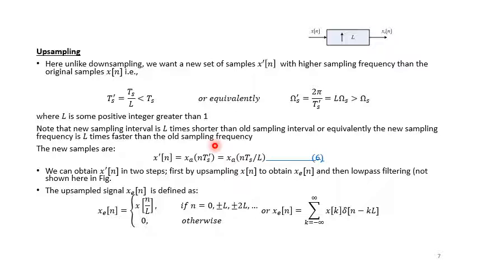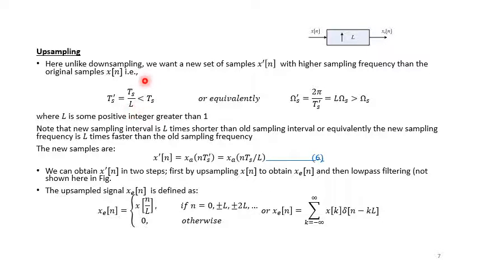Now we come to upsampling, which is the opposite of downsampling. In upsampling, we want a new set of samples, represented by x prime of n, with a higher sampling frequency than the original samples. That is, t prime s will be equal to ts upon l, right?